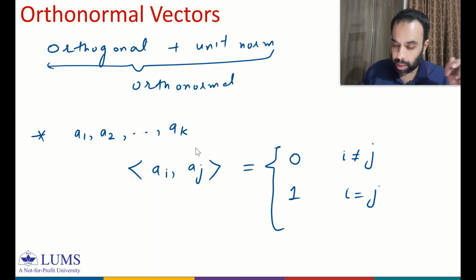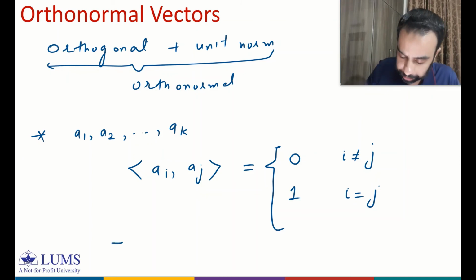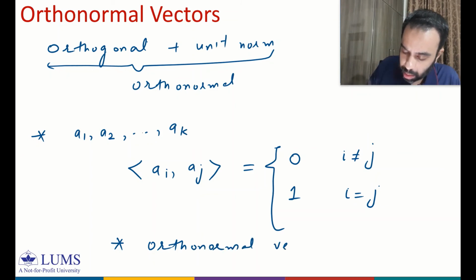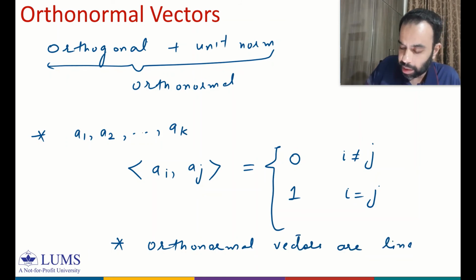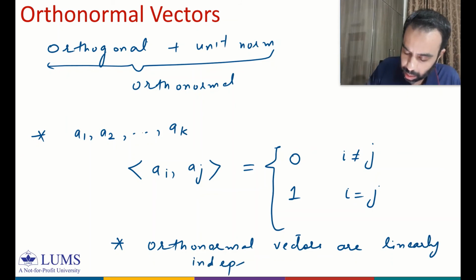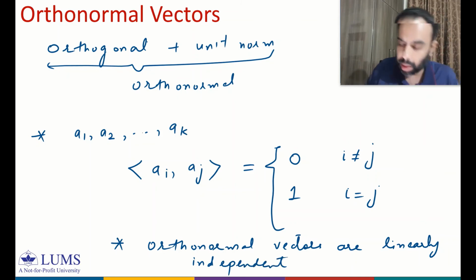Now we can also talk about the linear combination in terms of orthonormal vectors. So what we also note here is that orthonormal vectors are linearly independent by definition. Why are we so much interested in these orthonormal vectors?